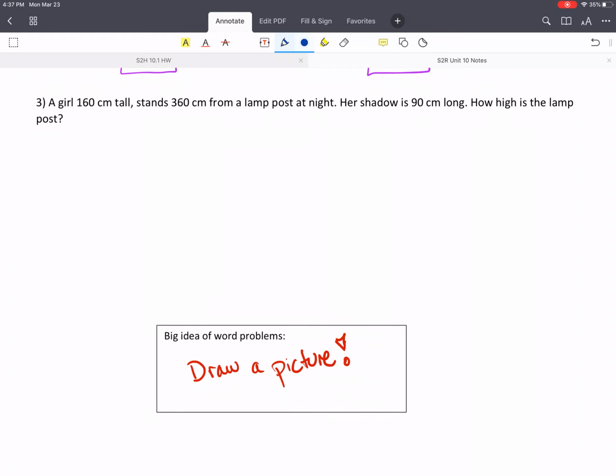Okay, a girl, 160 centimeters tall. We'll give her some nice long hair. Okay, so she is 160 centimeters tall. She stands 360 centimeters from a lamppost. Make myself a nice little lamppost.